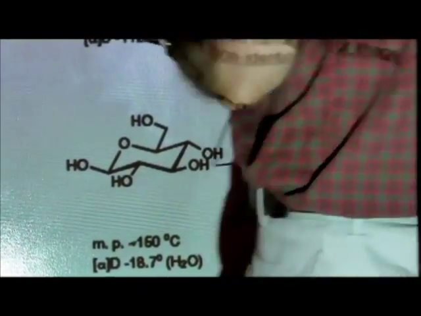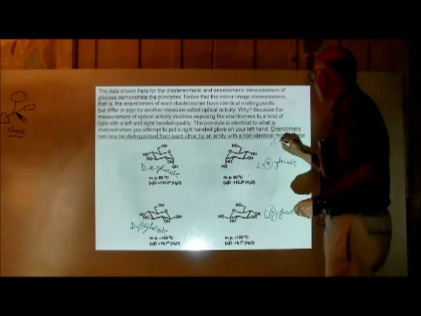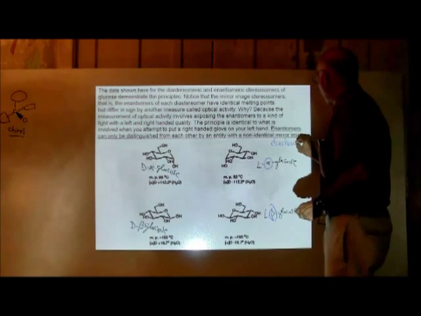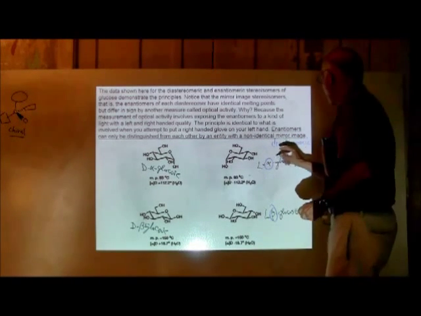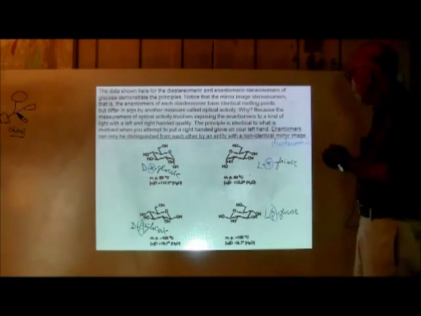The difference, let me get the blue marker for a second. The alpha-beta difference is the diastereomeric difference. That's the alpha or the beta. That's the symbol that corresponded to the different shape of these sugars, and that's the diastereomeric difference.